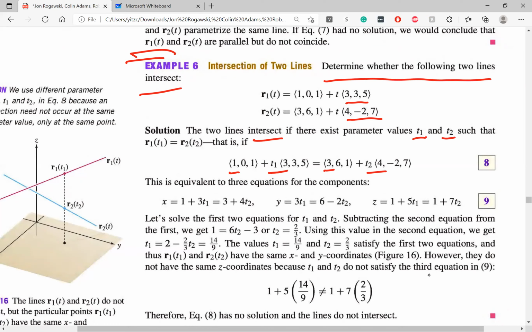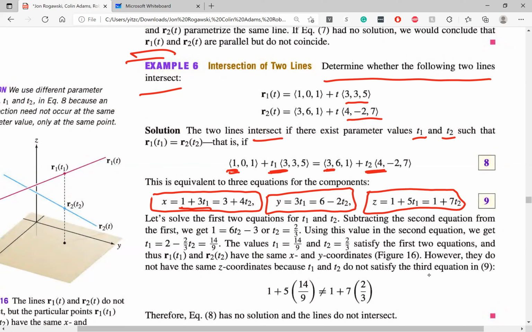You can set up these equations for your X value: you look at the first component, 1 plus T1 times 3, and you want that to be equal to 3 plus 4T2. And you can do the same for the Y dimension, and the same for the Z dimension.